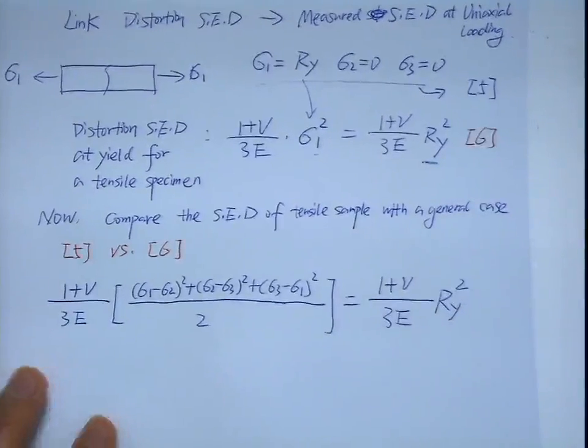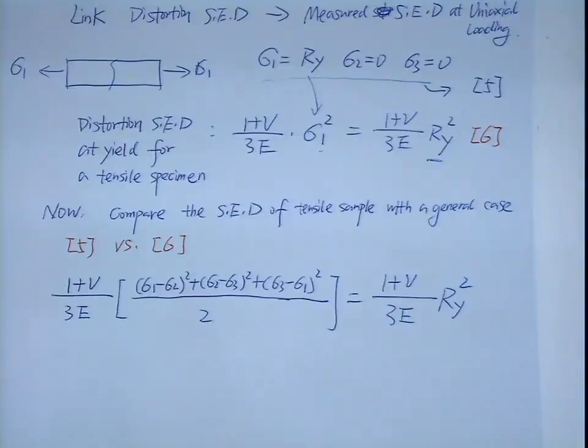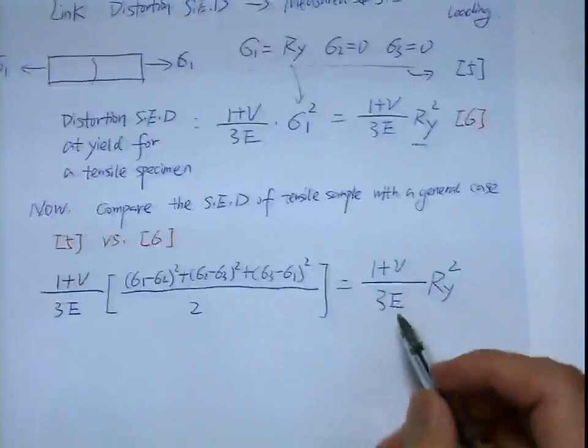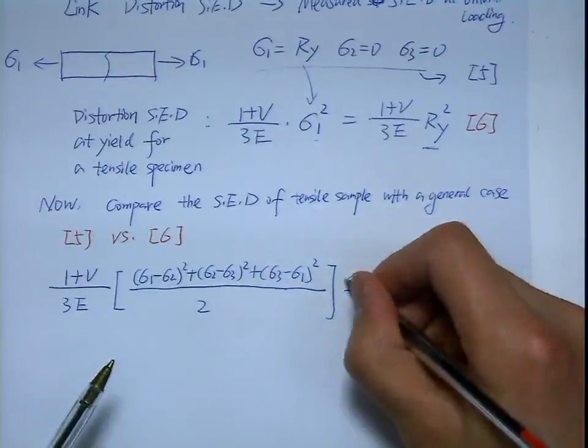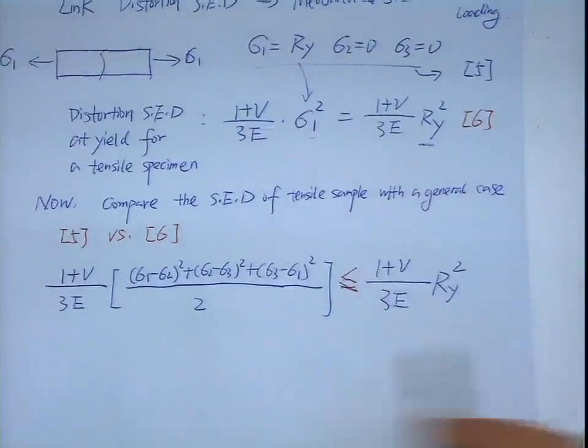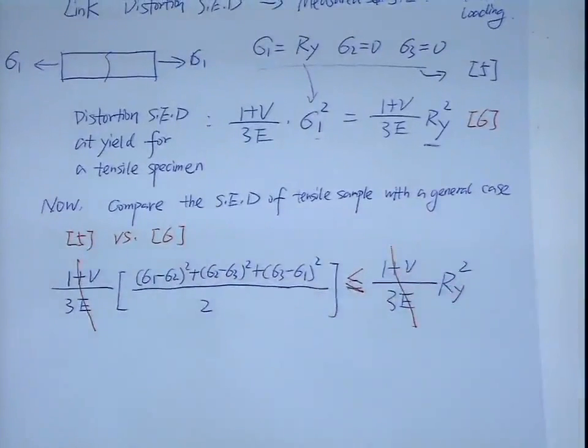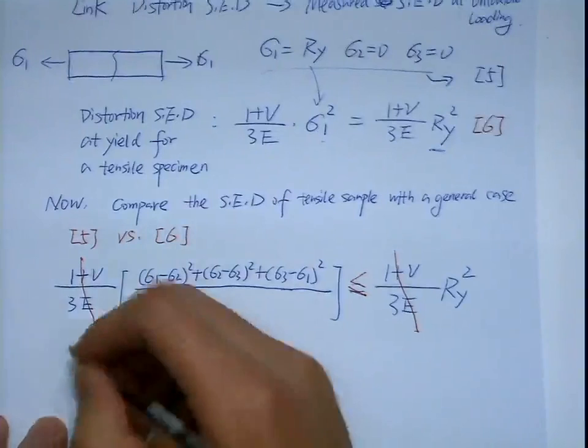Okay? So if you want your material in a safe region, basically you put a mark here, smaller than that, and you cancel this part. So finally you actually get this Von Mises criteria.